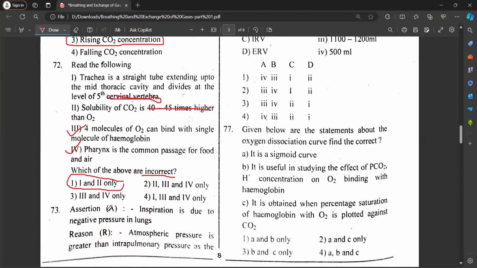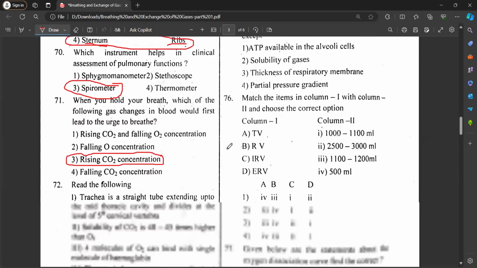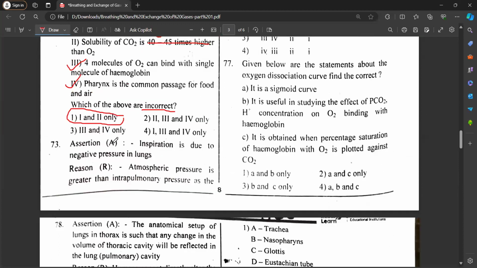Next, assertion: Inspiration is due to negative pressure in the lungs. Reason: atmospheric pressure is greater than intrapulmonary pressure as the pulmonary volume increases during inhalation. Of course, during inspiration, negative pressure.